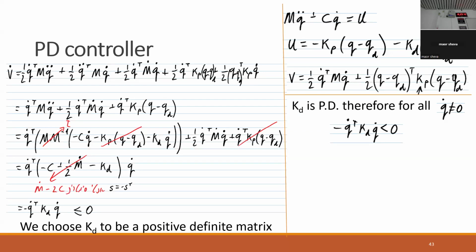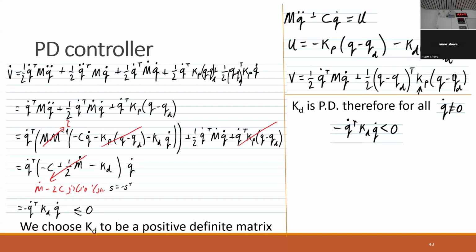Then I take the derivative of V with respect to time. The first term depends on q dot transpose M q dot. So it's q dot transpose M q double dot, and then q double dot transpose M q dot. This is the derivative of the first term.